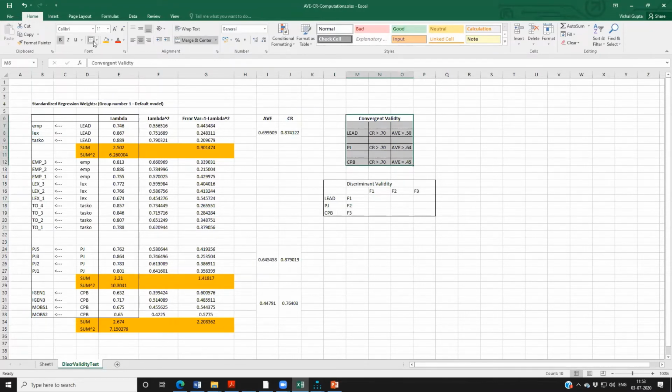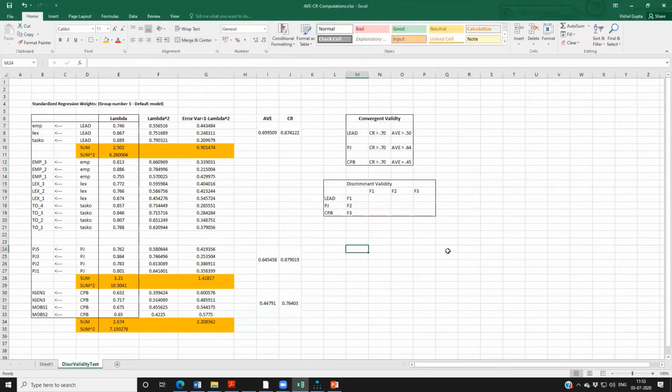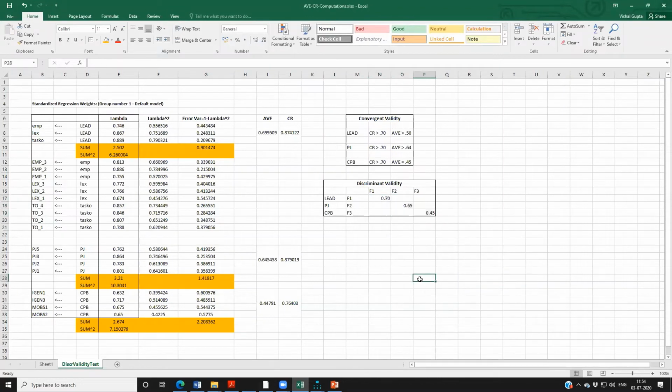This table was convergent validity, and this table is discriminant validity, right? Now, what is the diagonal? Diagonal values are going to be AVE values. So we will copy these. This is AVE of leadership, this is AVE of PJ, and this is AVE of CPD, right?